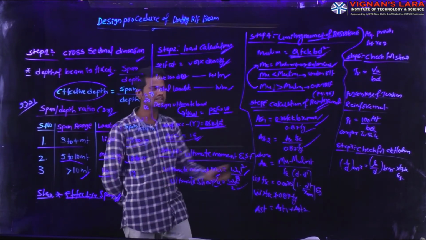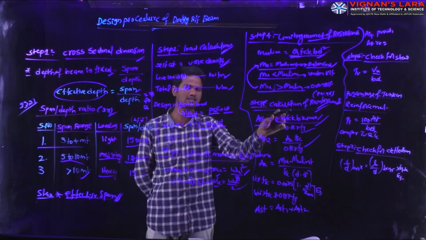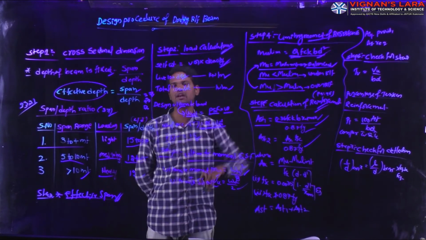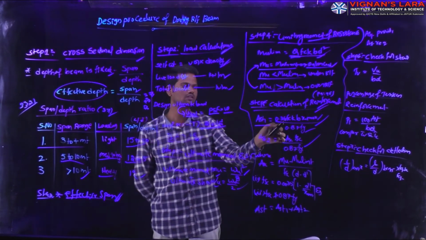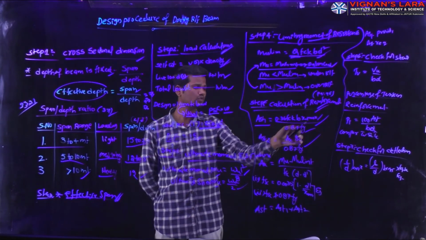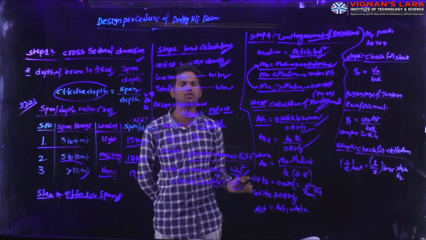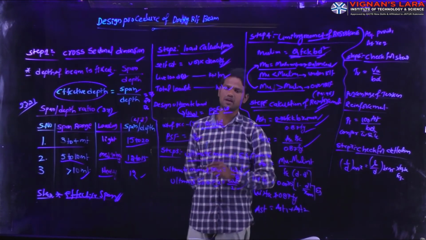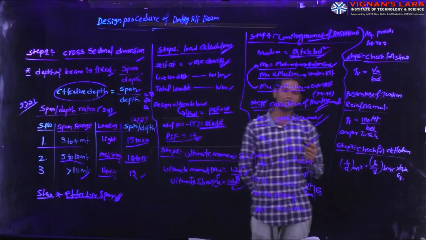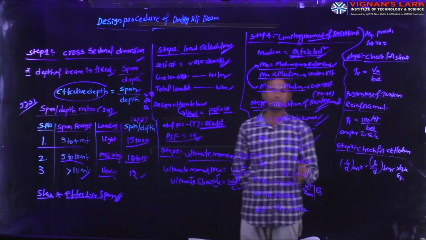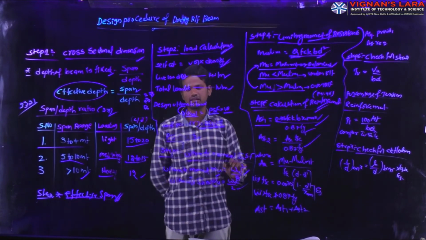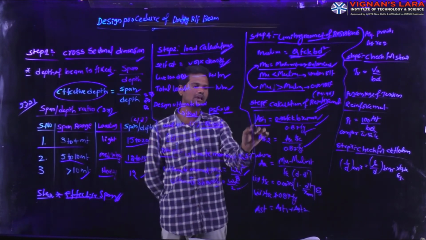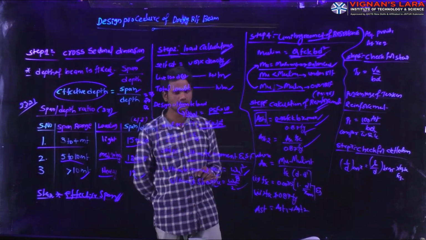Okay, I am considering this section as balanced, hence I am taking the value as xu max. The fck value and b value they will give in the problem, xu max we will calculate, and the grade of steel they will give in the problem. Based on that we will calculate the area of steel for limiting moment.